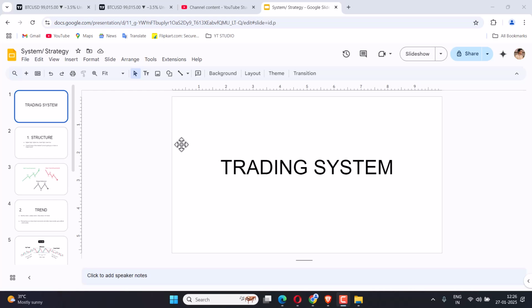One is price, basically the levels, the numbers, and another one is volume. So for me, price and volume are the major things on which all of the rest of the methods or systems are built. Price and volume are the fundamentals.